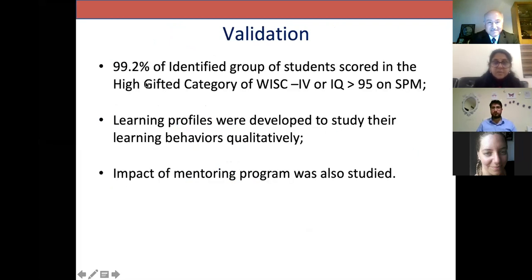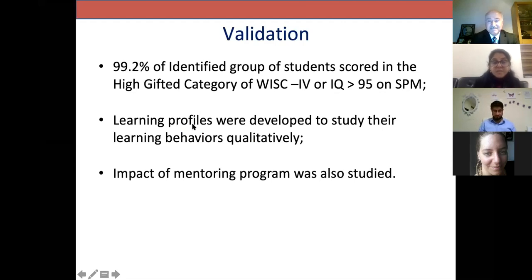We validated the results using WISC 4 and SPM. 99.2% of the identified group of students scored in the high gifted category of WISC 4, or their IQ score was 95% and above, in the category of 95% in SPM, which is the highest category.